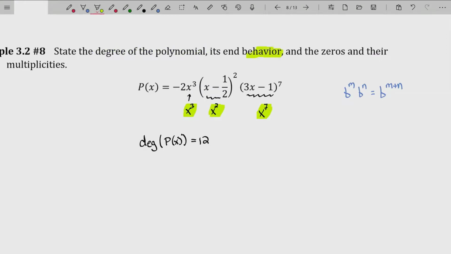Our next job is to state the end behavior of the polynomial. Remember, from early on in last lecture, the two characteristics you're really looking for at the beginning are the degree of the polynomial and the end behavior of the polynomial.